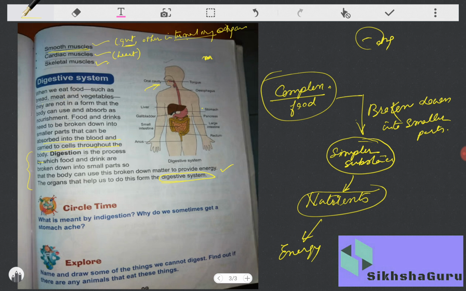This food, with the enzyme in the mouth, becomes somewhat like a ball, and with the help of the tongue it reaches the oesophagus. This is the oesophagus.